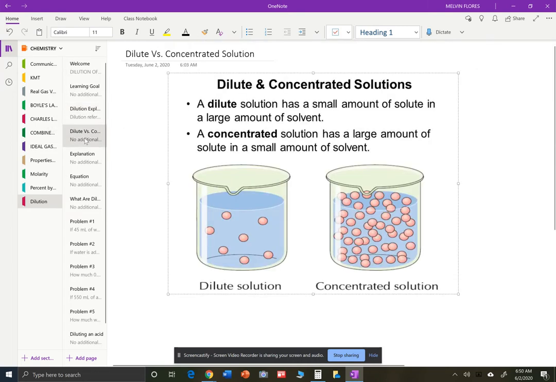Let us compare dilute versus concentrated solutions. A dilute solution has a small amount of solute in a large amount of solvent, while a concentrated solution has a large amount of solute in a small amount of solvent. Usually in a concentrated solution, the particles are greater in amount than the particles of solute in a dilute solution.